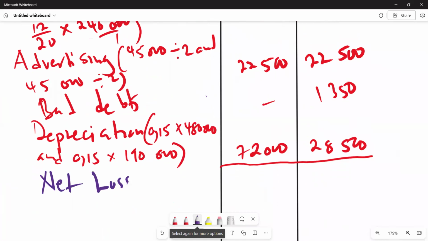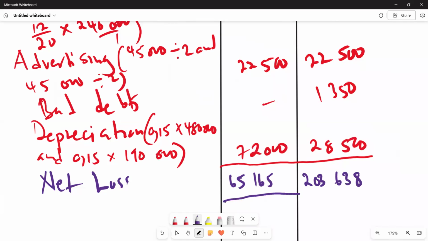So the first column, the figure that we are going to have is 65,165. And then the second column, we are going to have 203,638.